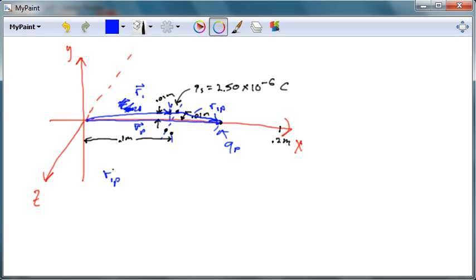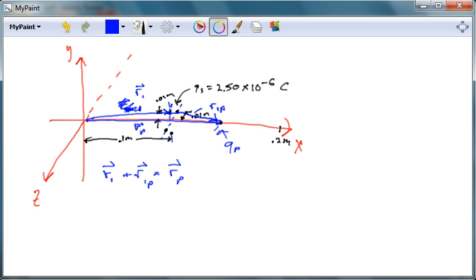R1 plus R1P is equal to RP. See that? R1 goes from here to here, and then R1P goes from here to here.